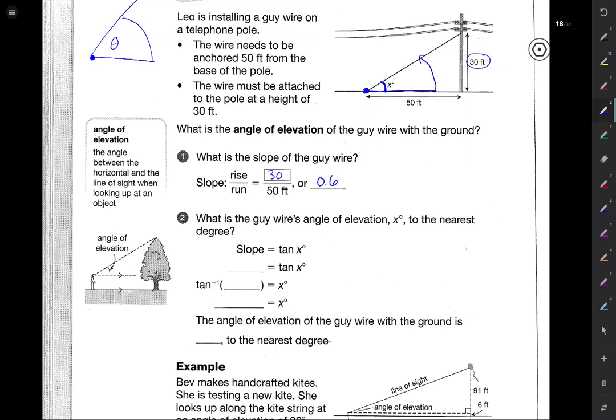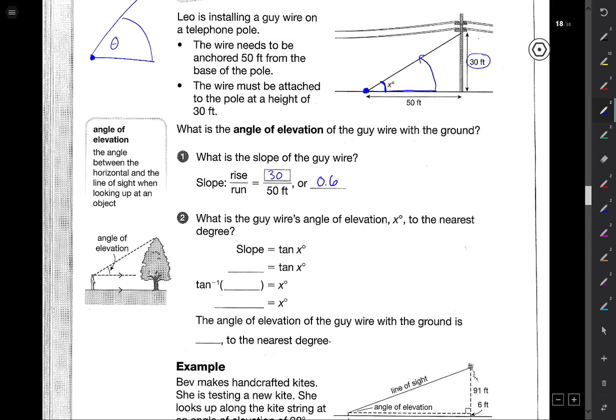Now we're going to use our slope to figure out the angle of elevation. The slope is equal to the tan of x degrees. I'm just going to put 0.6 because that's what we got for our slope, and that's equal to the tan of x degrees. In order to find what x is, we need to do the inverse tan of 0.6.